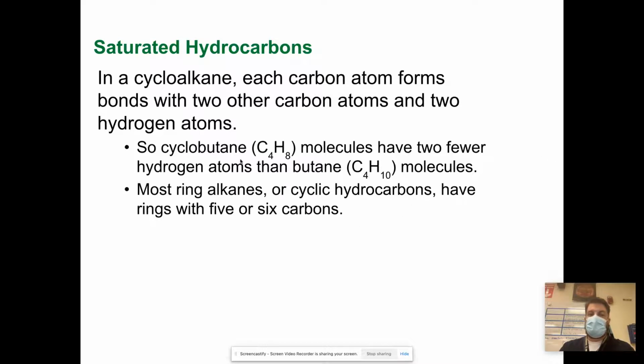So the cyclobutane molecules have 2 fewer hydrogen atoms than butane. Most ring alkanes are cyclic hydrocarbons, which have rings of 5 or 6 carbons. So cyclic just means circle, cycle, ring.